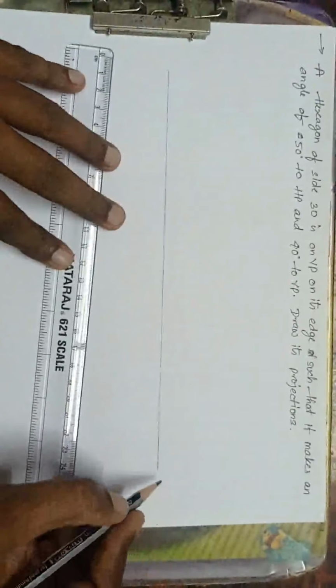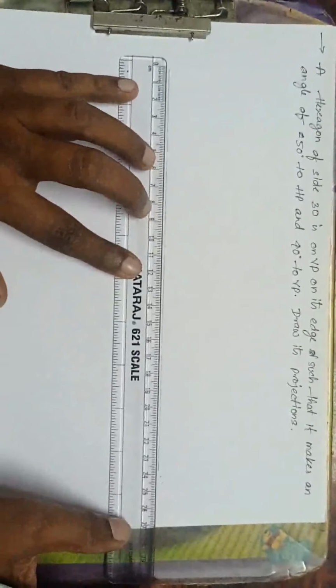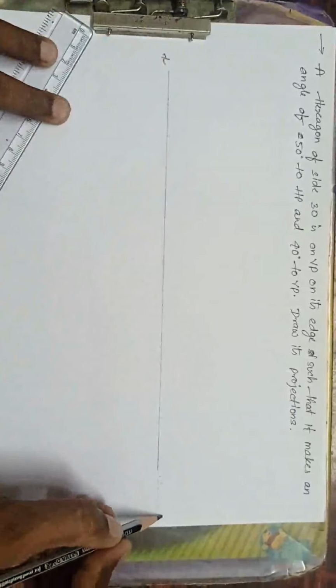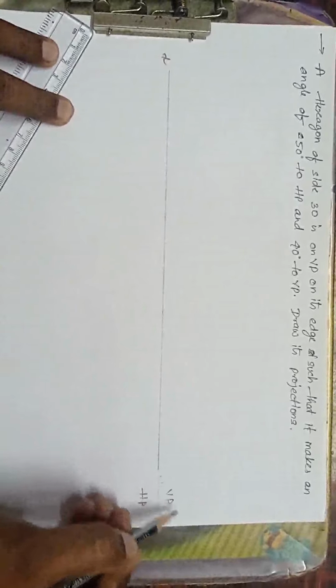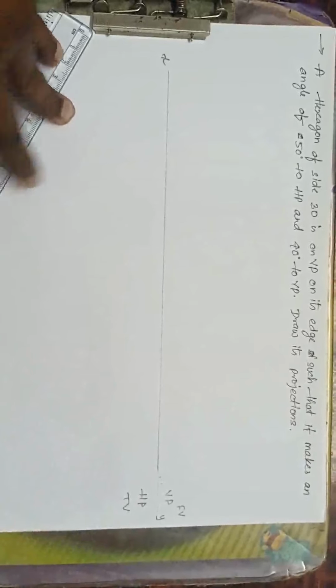This is XY, a reference line. So below HP and above VP. VP is always front view, HP is always top view. Done.